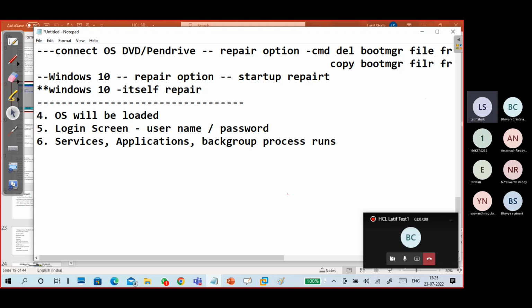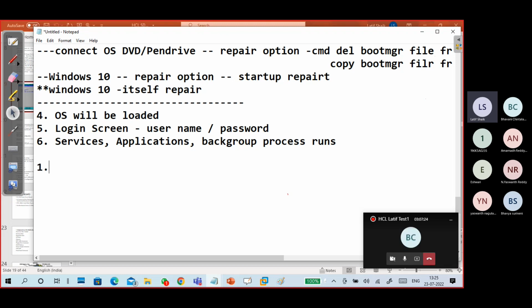Okay, so here are the two places I told you about for troubleshooting. One is POST failure because of some device failure. That's the first one. The second one is boot failure because the bootable file is corrupted. Bootable file means the bootloader is corrupted. So how to troubleshoot it?